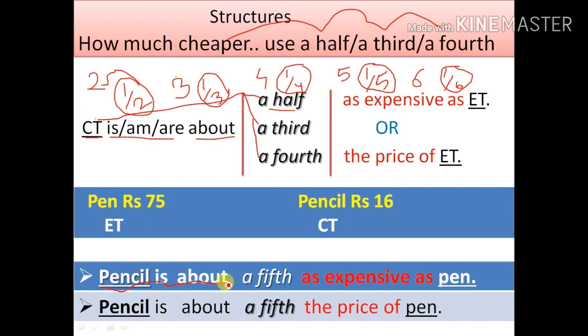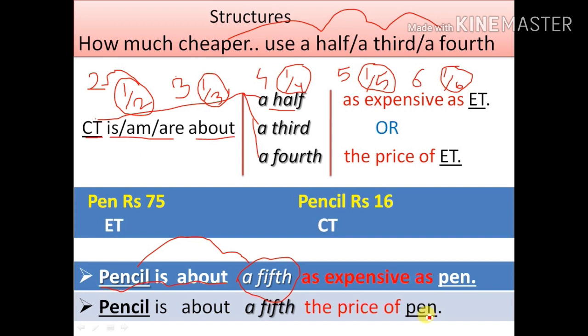Pencil is about a fifth, not 5 times, because we are using the cheap thing at first, therefore we are using a fifth. So pencil is about a fifth as expensive as pen, or instead of as expensive as, we can use the price of. Following the same structure, pencil is about a fifth the price of pen.